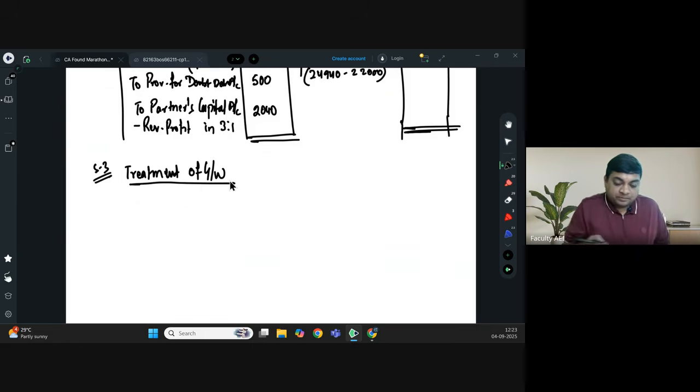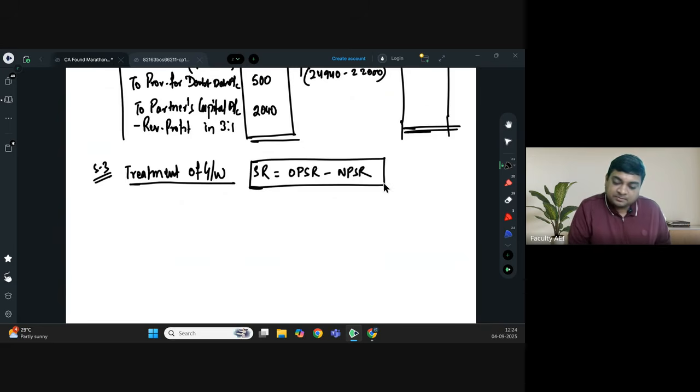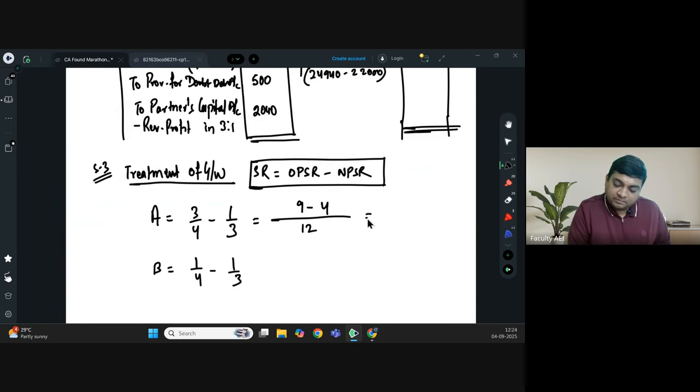Right. So first of all, we have to calculate OPSR minus NPSR. A: 3 by 4 minus 1 by 3. Right? 1 by 4 minus 1 by 3. That is 5 by 12.